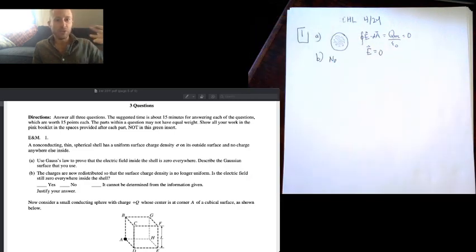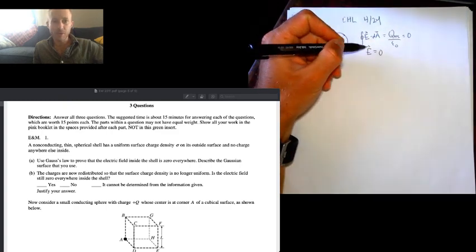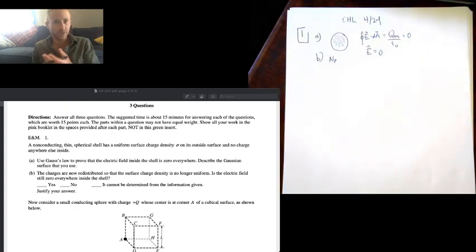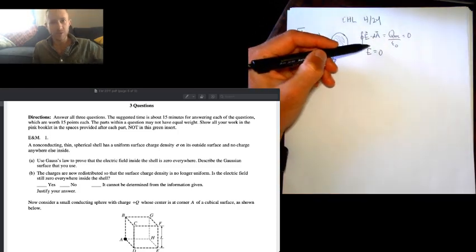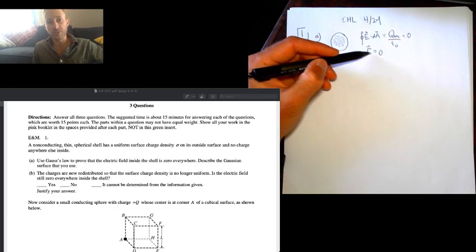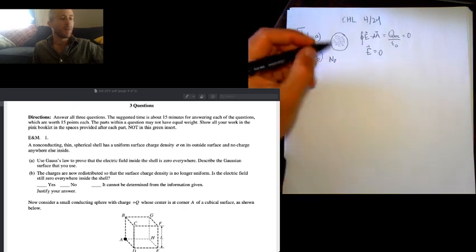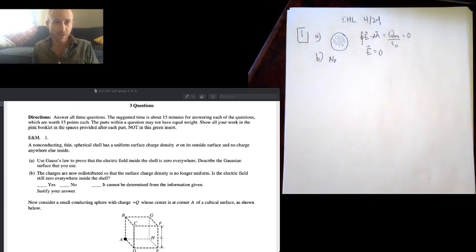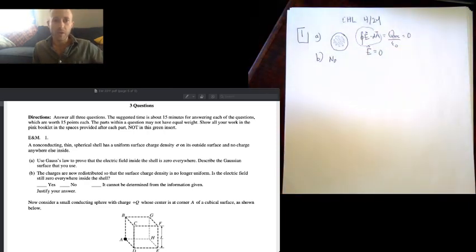If the charge is uniformly distributed, then the electric field has the same value everywhere on the Gaussian surface, which means the only way you can have that integral being 0 is if the electric field equals 0, because it has the same value everywhere. But if it doesn't have the same value everywhere, you can have this integral being 0 without the electric field being identically 0 everywhere.